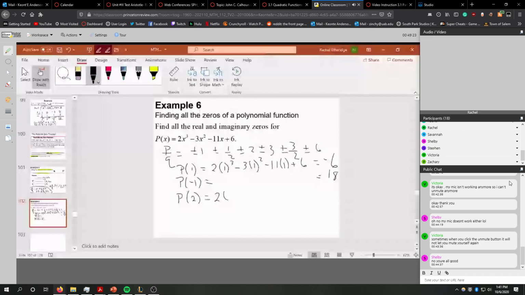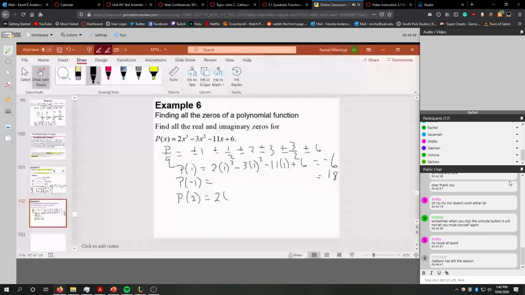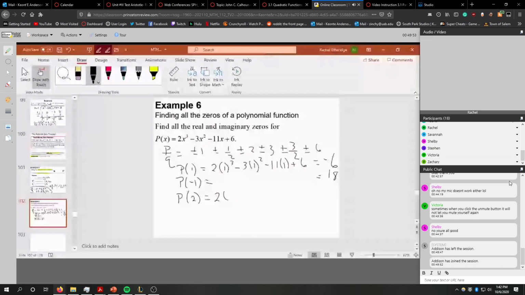All I'm doing is highlighting my equation and going in and editing. When I plugged in 2, I got -6 again.